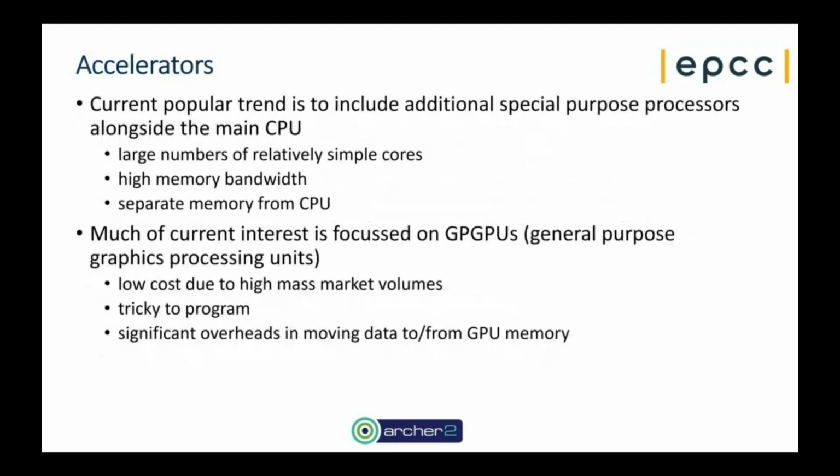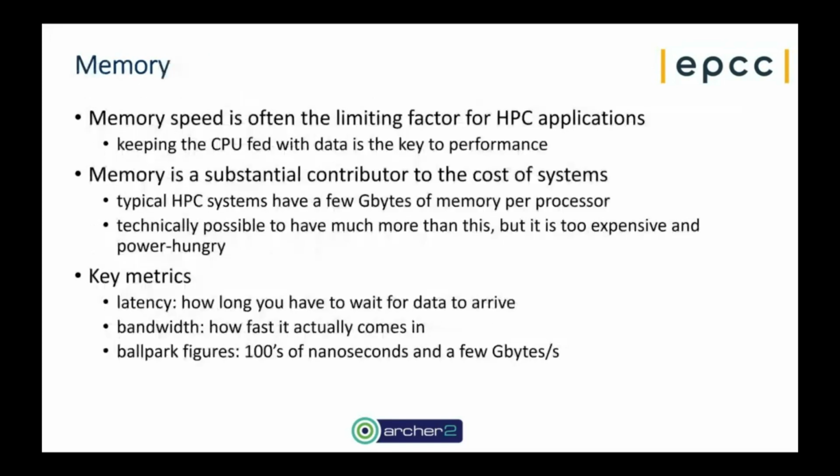These can be very useful for applications, but ARCHER2 doesn't have them because not all applications can exploit them. So we've kept ARCHER2 as general purpose as possible, so it's as widely available to all applications. There's a subset of applications which just don't port well to GPUs. But for a wide range of applications, GPUs are very sensible, particularly machine learning these days. So they can be heavily used to optimize applications as well.